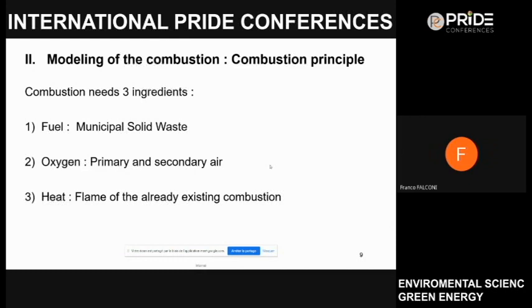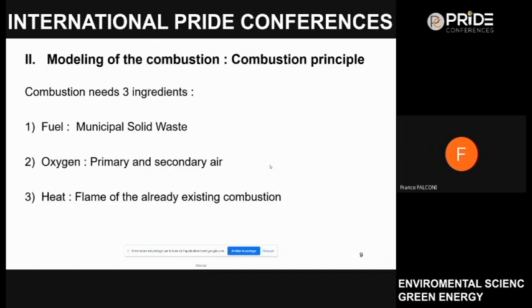In order to have a combustion, we need obviously three main ingredients, which are the fuel. In our case, it is the municipal solid waste. We need the oxygen that is given by primary and secondary air. So primary and secondary air are basically just air that is taken from the atmosphere, so from ambient air, and it's sent into the combustion chamber in order to give all the needed oxygen for the combustion.